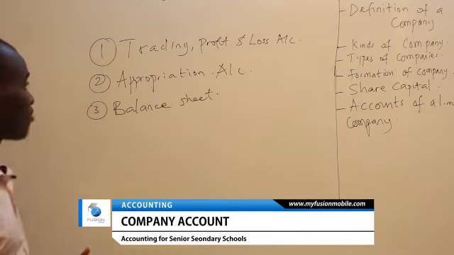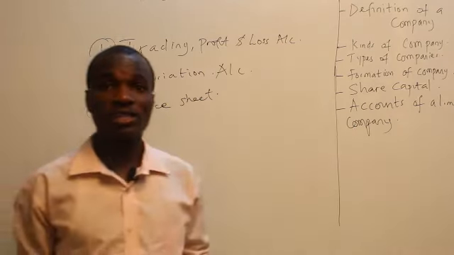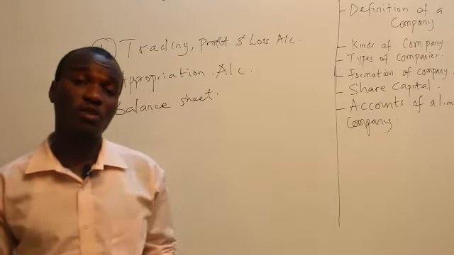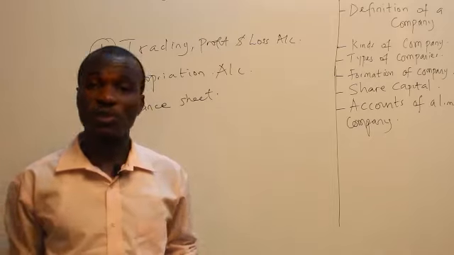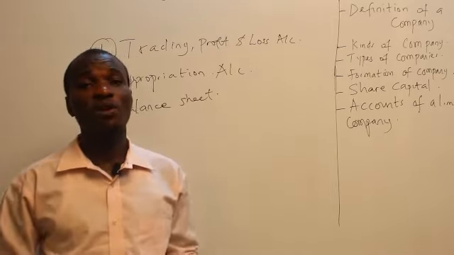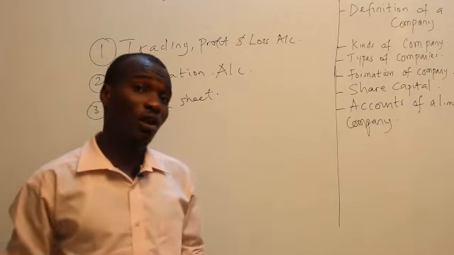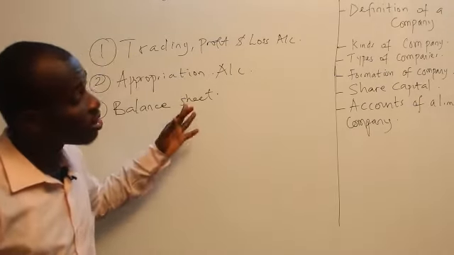And again, to deduct the corporation tax from the profit of the organization, and also to calculate whether there is retained profit within a period, and also to make provision for reserves, whether capital reserve or revenue reserve. So all of these are made in the appropriation account.